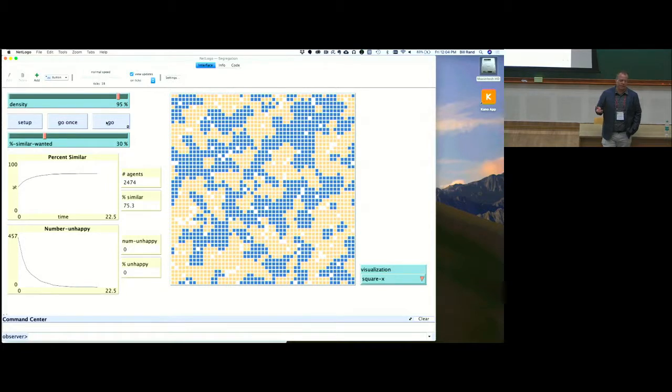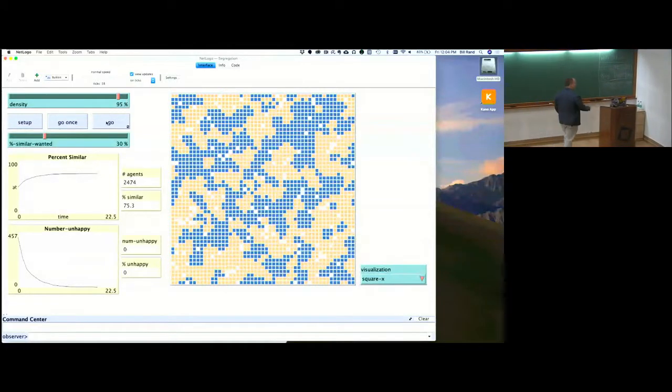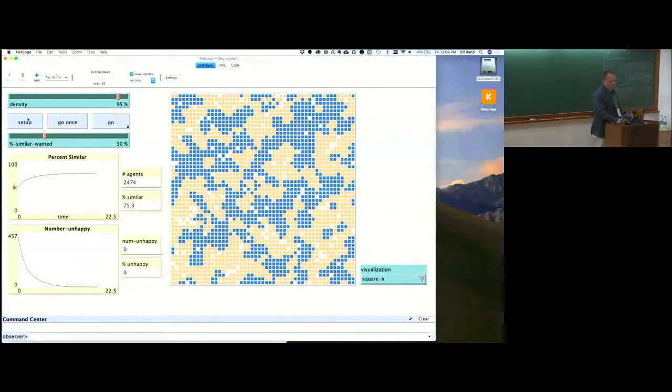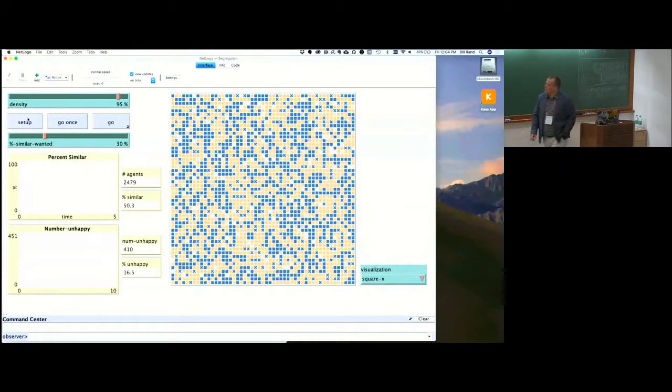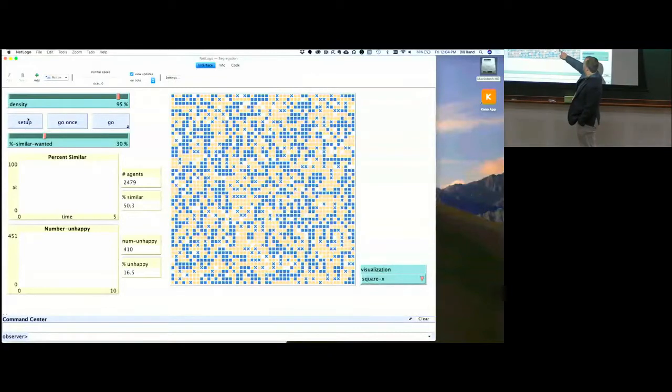A tipping phenomenon. Let's take a look at it. Let's start it up again in the initial condition and find a decent one.